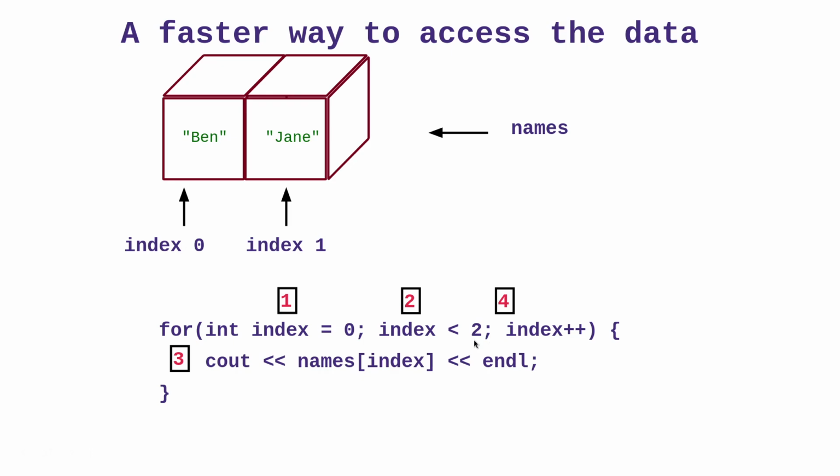And the answer is true. And because the answer is true, it will execute the action step 3. This is action step 3. Name of the array, the position, which happens to be 0. And so it will print Ben. And very important, it will have to then do step 4, which is to add 1 to index. So index moves from 0 to 1.